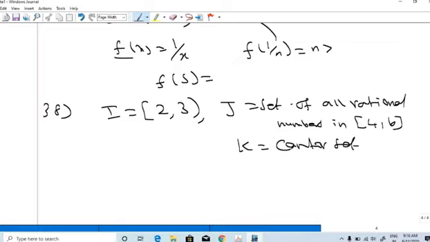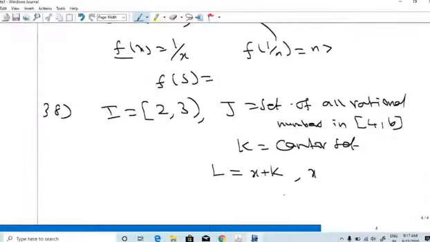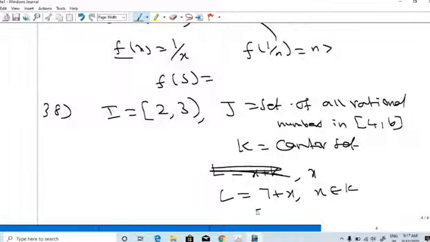Then using the Cantor set K, they define L. L is nothing but x plus K, where x is in K, so L equals 7 plus x, where x is in the Cantor set. Actually, this is nothing but 7 plus capital K. So this is the definition.